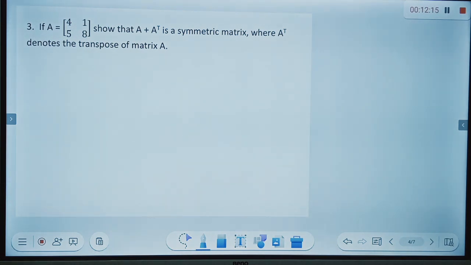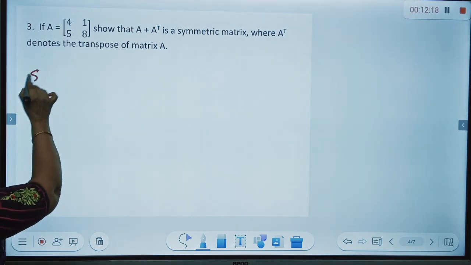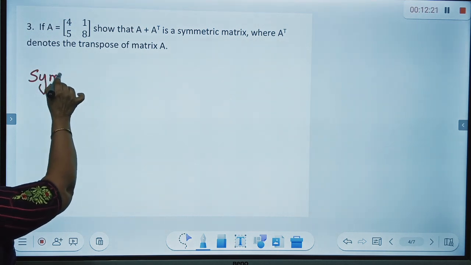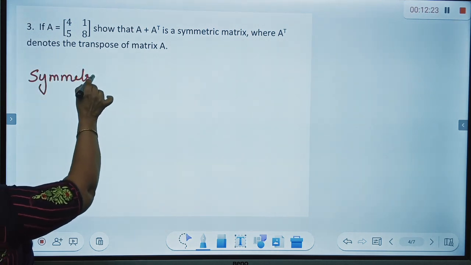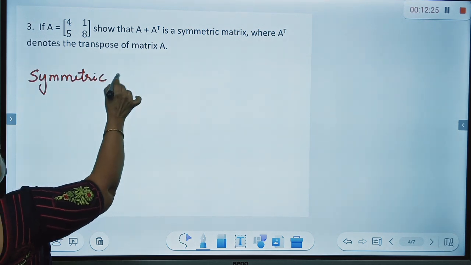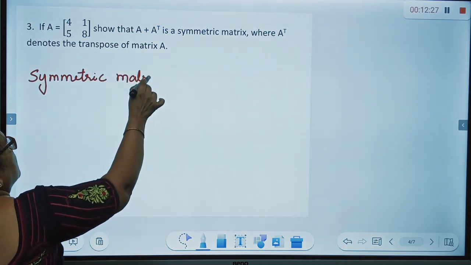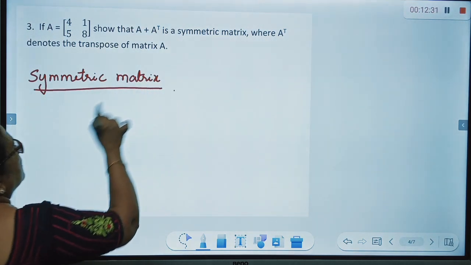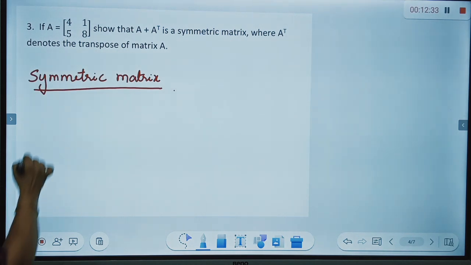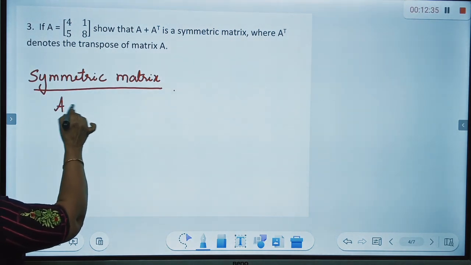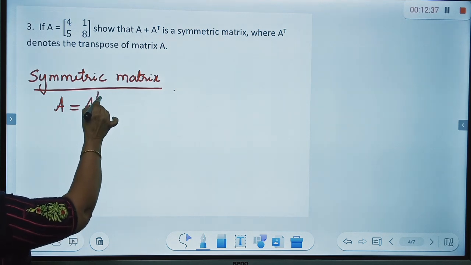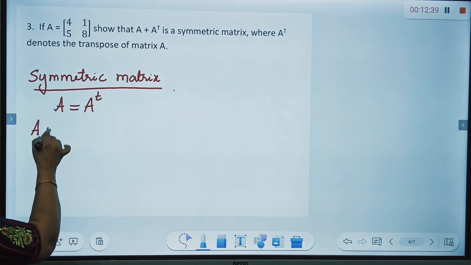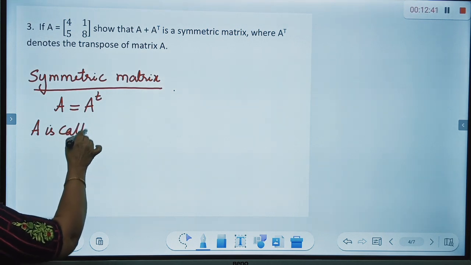Okay, so now we are coming to a very, very important topic or type of matrices. We are going to see a kind of matrix which is called a symmetric matrix. If A equals A transpose, A is called a symmetric matrix.